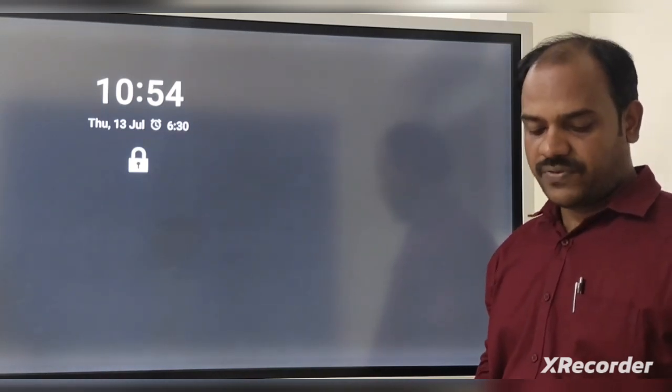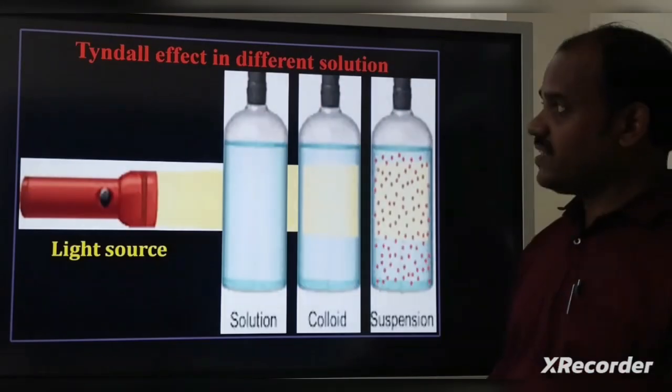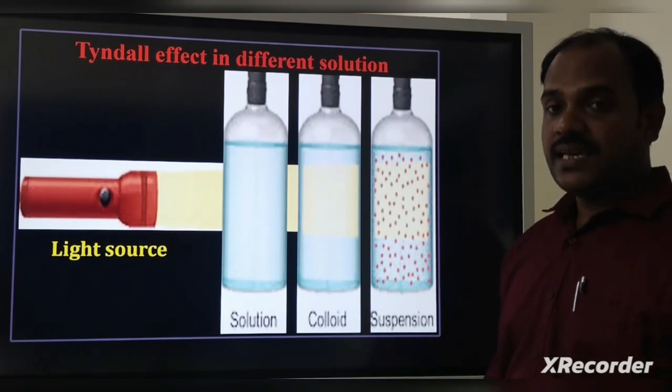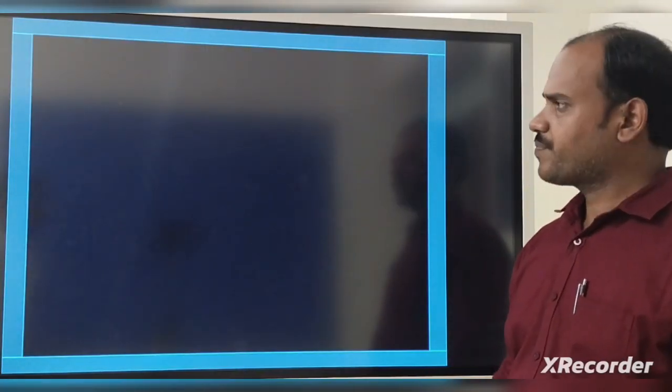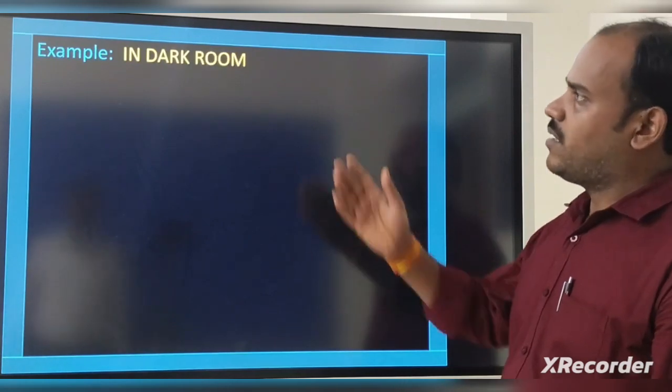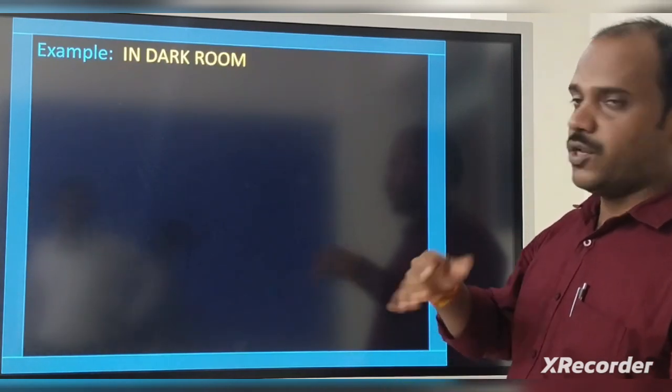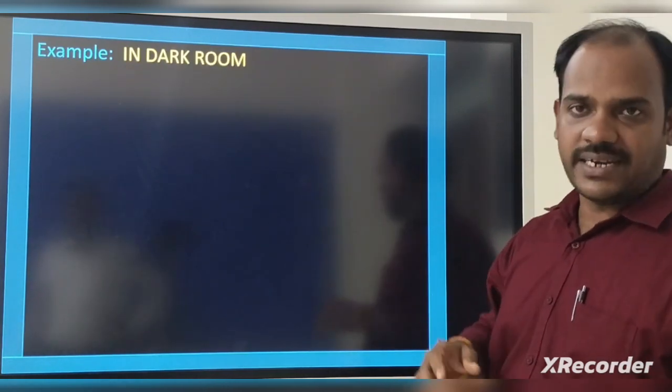After this Tyndall effect, where can we see some more examples of the Tyndall effect? Dear friends, we can see it in our daily life also. Let's take an example in a dark room, meaning in your house before sunrise.